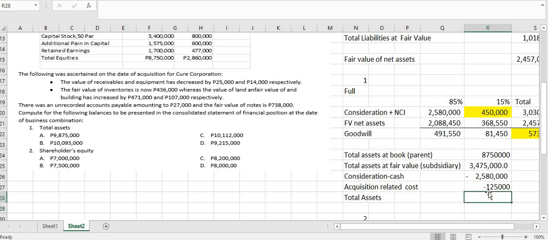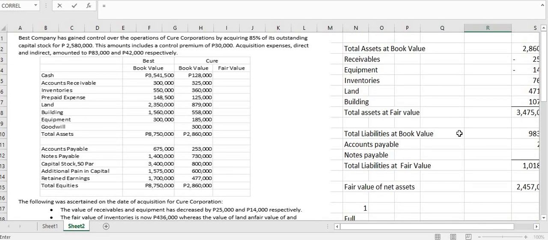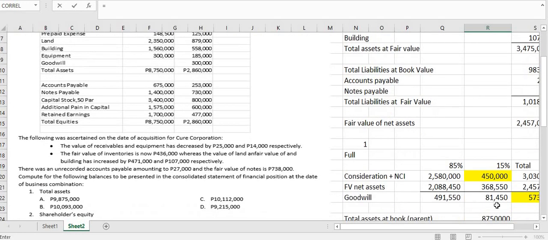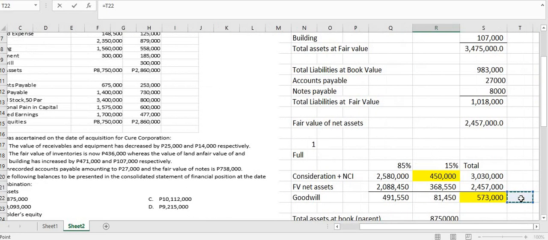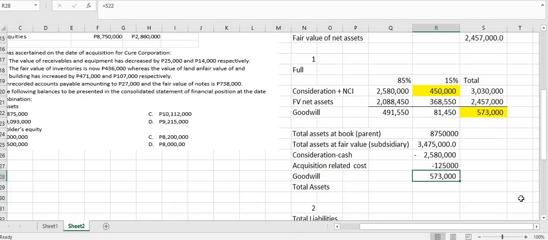Therefore, for our total assets, of course, we add goodwill. Let's not forget goodwill. How much is our goodwill? Our goodwill is 573,000.